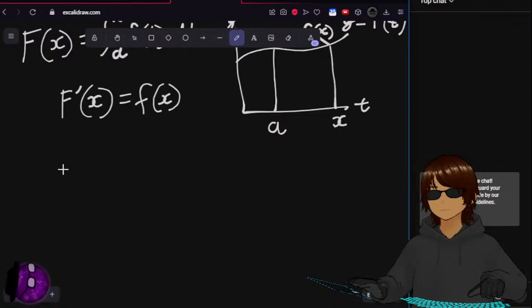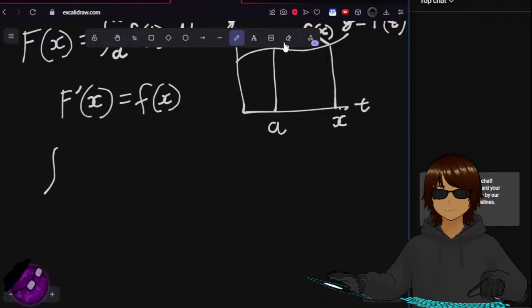The second fundamental theorem of calculus is, let's say we have this line continues. We have another one, b. So a to b.